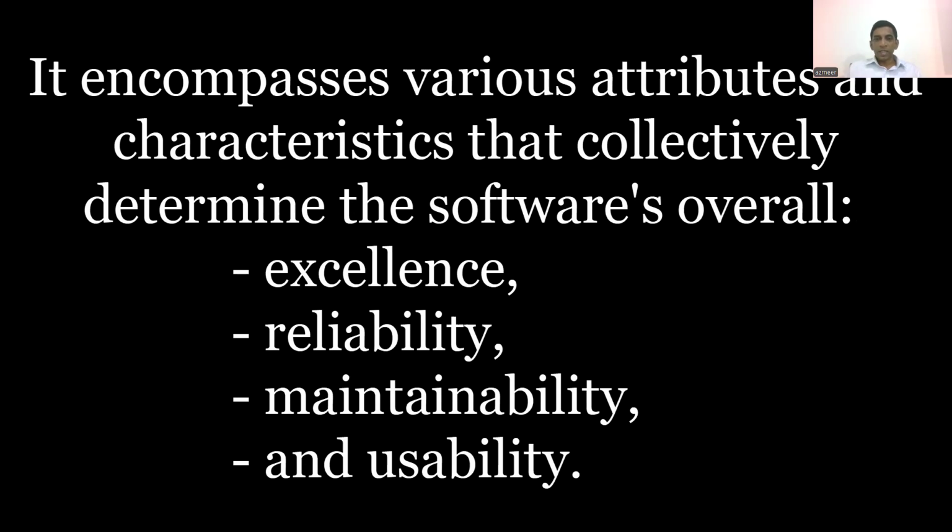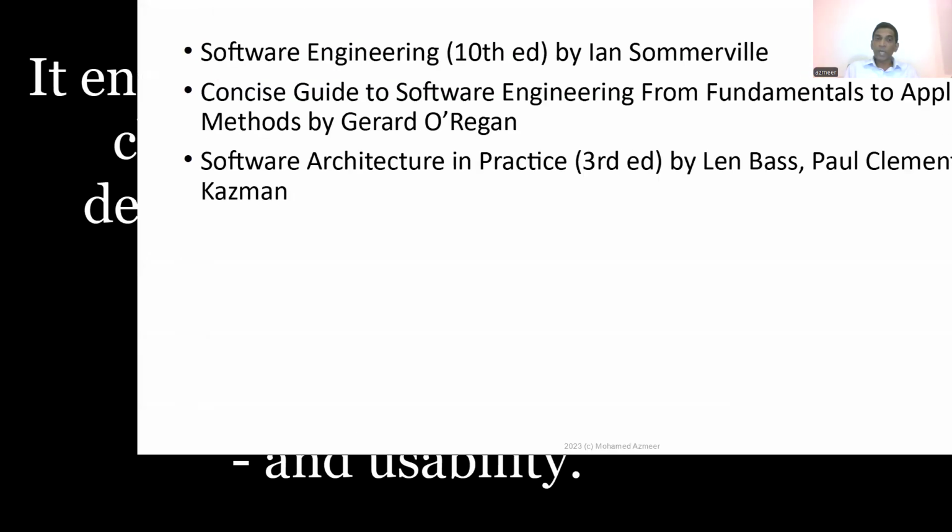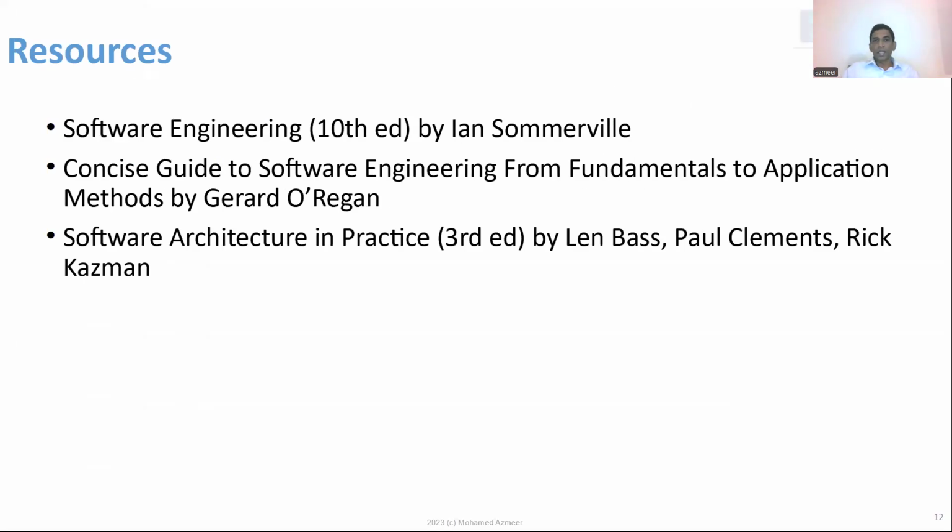So this is the objective of software quality assurance, to give excellent, reliable, maintainable, and usable software to our customers. This is the expectation. This is the objective of learning software quality assurance and making sure you pass that knowledge to the software development cycle.